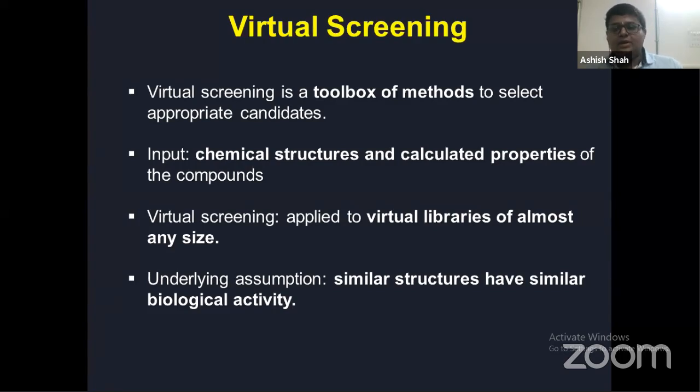So for ligand-based drug design, you can do screening on the basis of ADMET profile. There are so many kinds of software as well as online tools available which can predict the ADMET profile of your compound. And based on the ADMET profile, you just decide. If it passes the ADMET profile, then you can move ahead further. So that is something known as virtual screening.